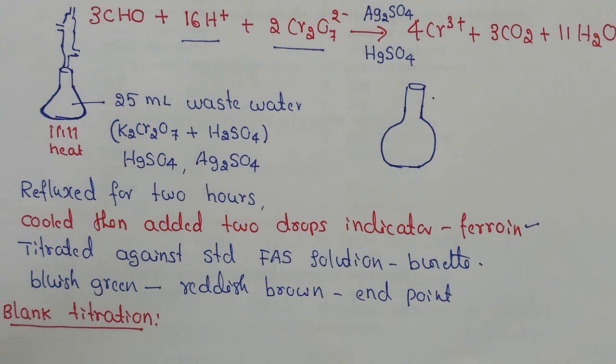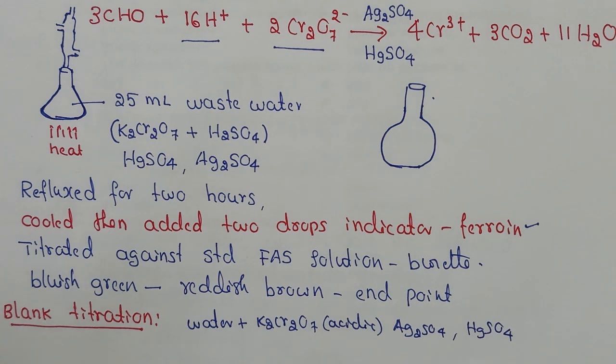So without taking wastewater, we use distilled water plus acidified potassium dichromate K2Cr2O7, silver sulfate Ag2SO4, and mercuric sulfate HgSO4. These things should be added and titrated against ferrous ammonium sulfate solution.